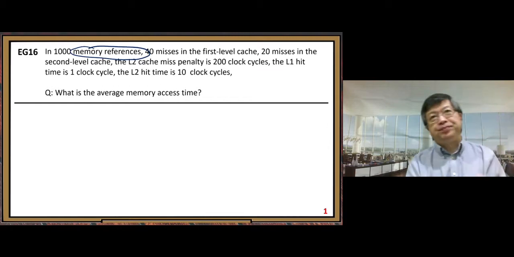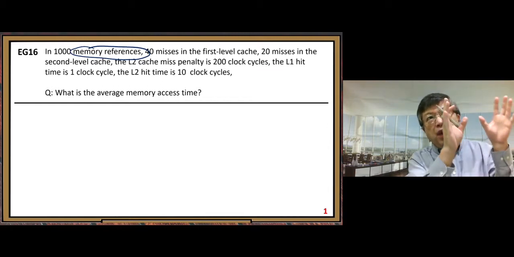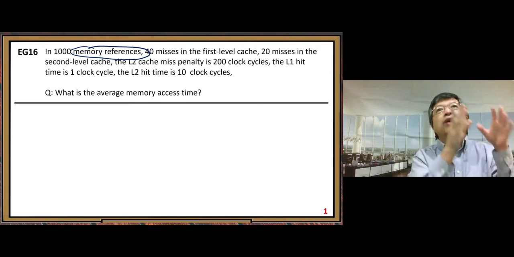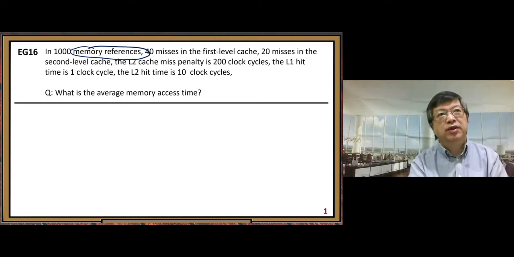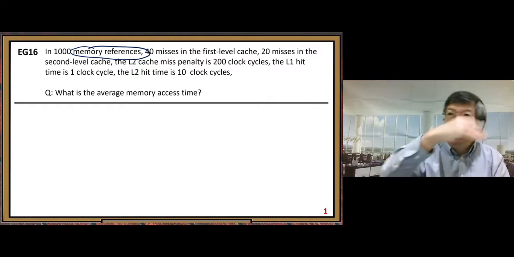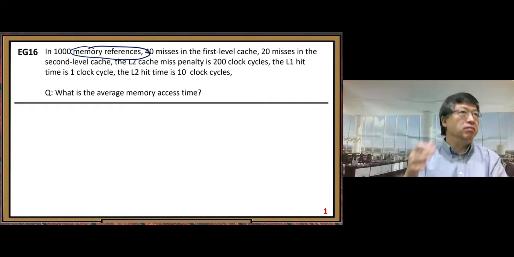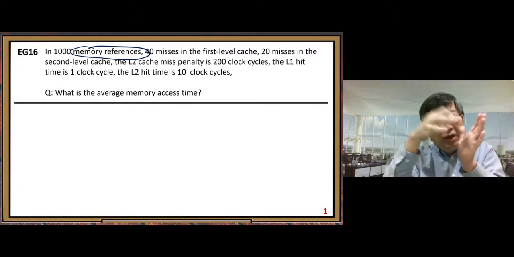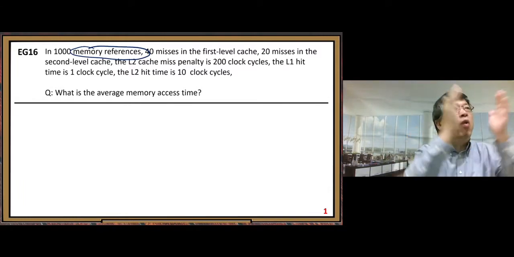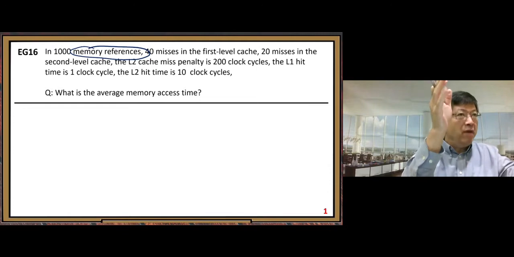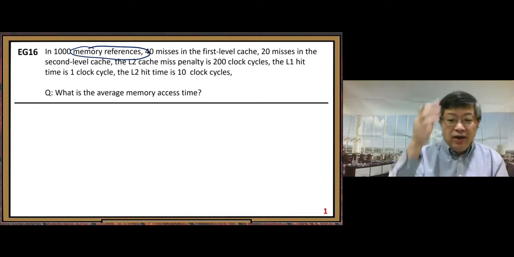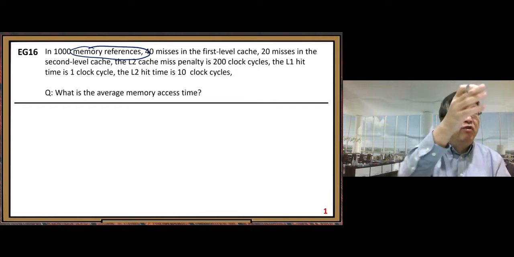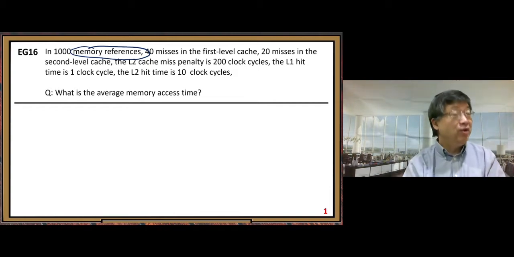All right, look at this. The total number of memory references. We know there are two parts in the memory references: instruction accesses and data accesses. Putting them together, you have 1,000 memory references. Then first level misses are only 40, a pretty small number.